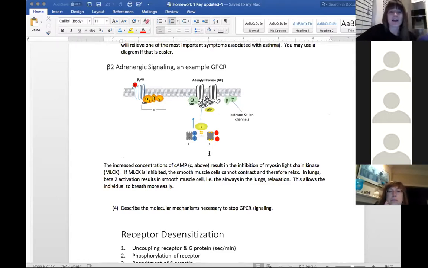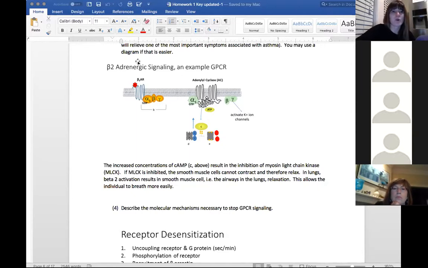Once you get increased concentrations of cyclic AMP, that should result in reduced concentrations of calcium, and you can correct me if I'm wrong because I haven't thought about it in a little while. And then if you have less calcium available, the kinase won't work.